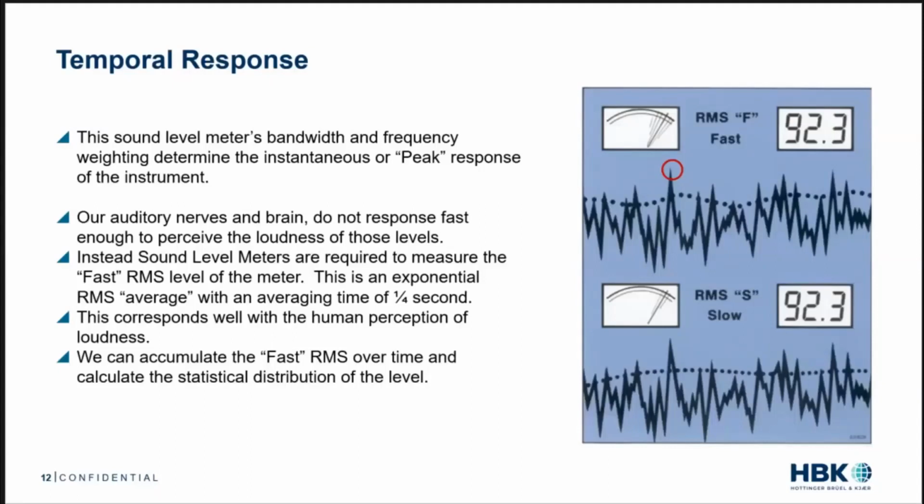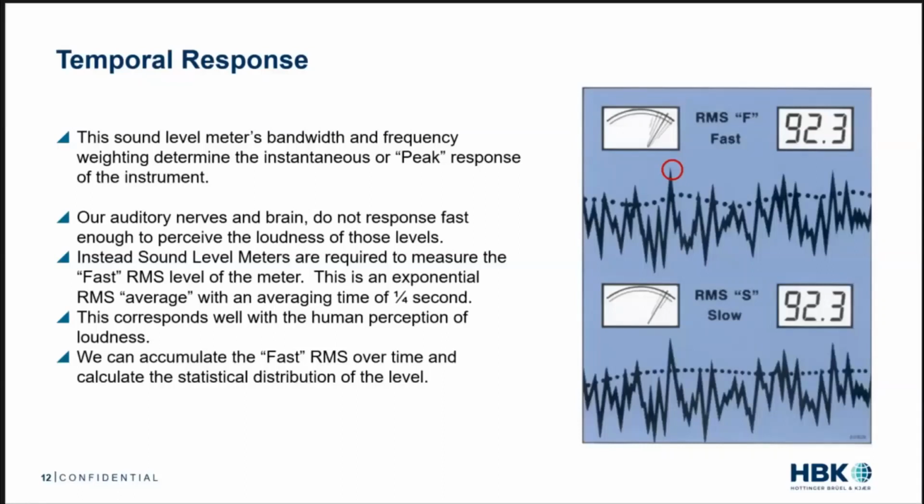However, the human signal processor, our auditory nerves and brain, are a little too slow to respond and perceive those peak signals. The sound level meter assesses the level of the sound using an RMS, root mean squared, algorithm. The RMS level is proportional to the energy content of the signal.